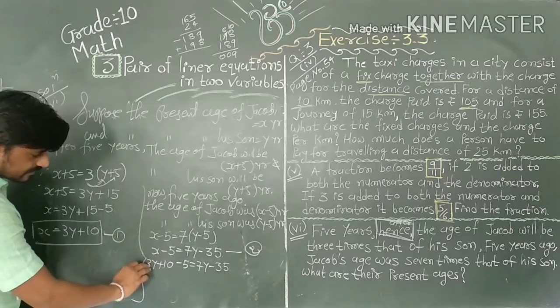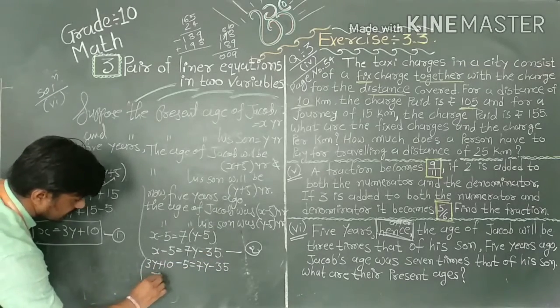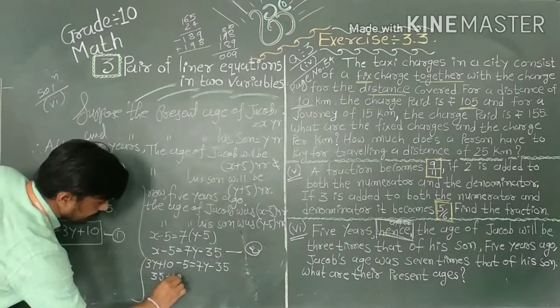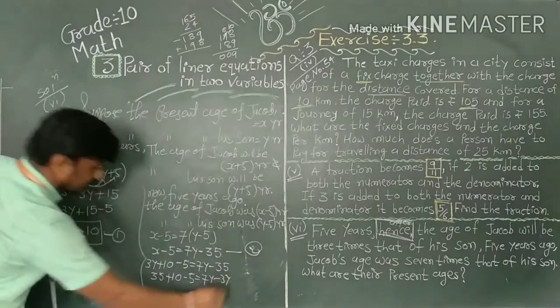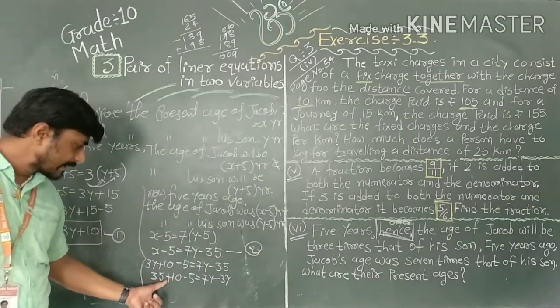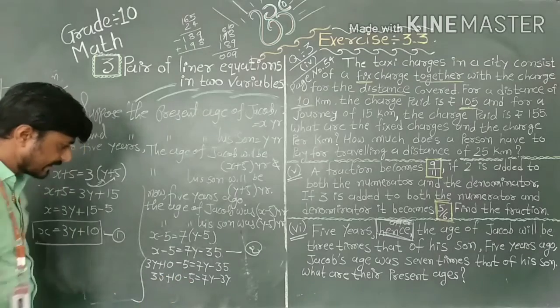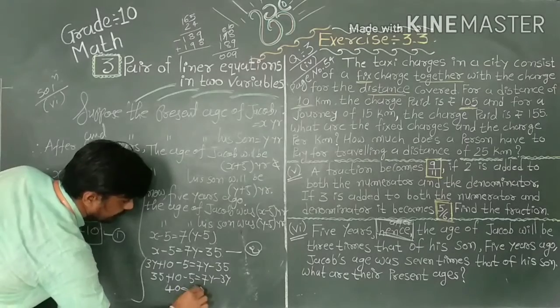Now transfer 3y to the opposite side, and 10 minus 5 also. 7y minus 3y, that means 35 plus 10, 45, 45 minus 5, 40. 40 is equal to 4y.